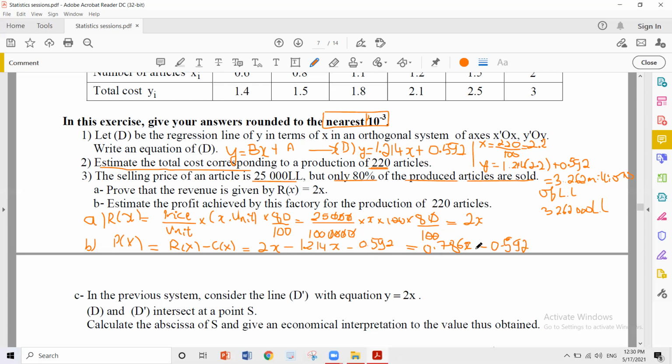Now we need to find the profit of selling 220 articles. And what are we going to determine? P of which number? P of 2.2.